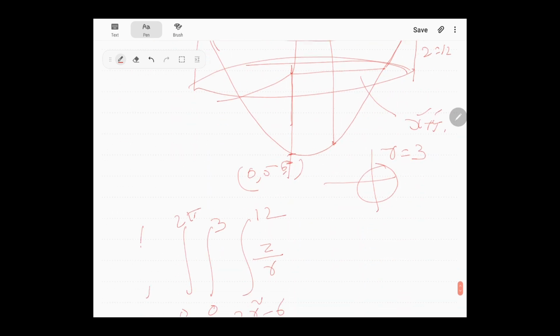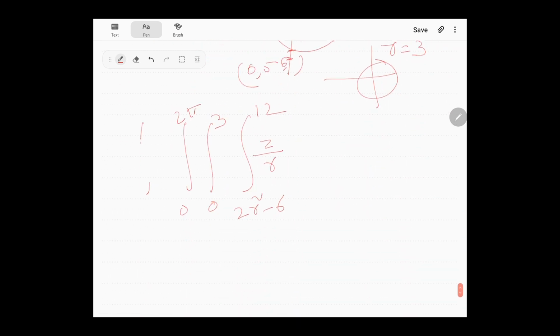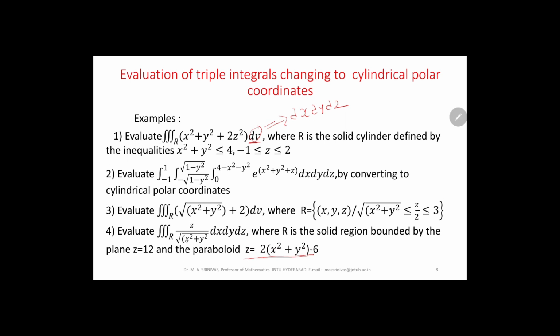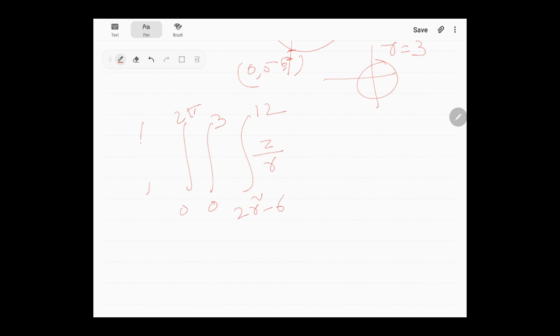Let us see what actually the integrand is. The integrand is z by root x square plus y square, this is my r, and dx dy dz is r dr dz d theta. So r and r get cancelled. Now integrate it.